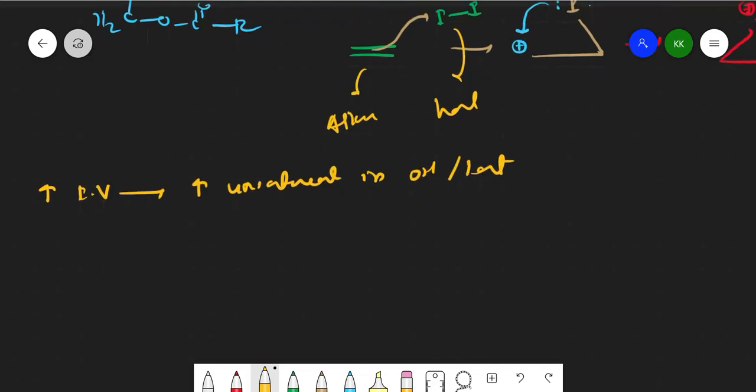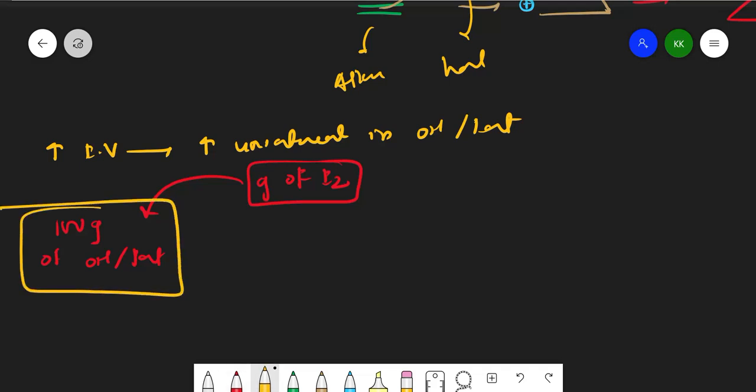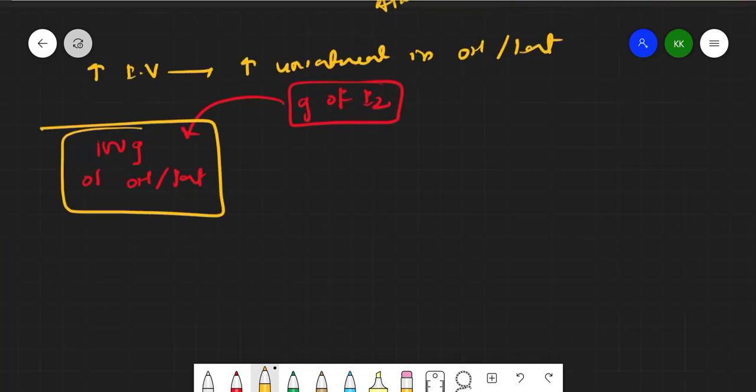So iodine value always tells, where you take 100 gram of oil or fat and see how many grams of iodine it will absorb or combine. So the greater the grams of iodine it absorbs, the greater the unsaturation. Smaller the iodine it consumes, smaller will be the unsaturation. Like that you can remember, right?